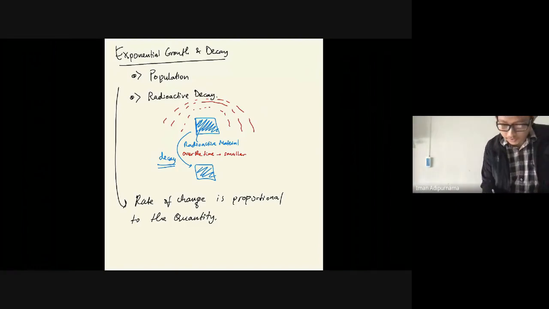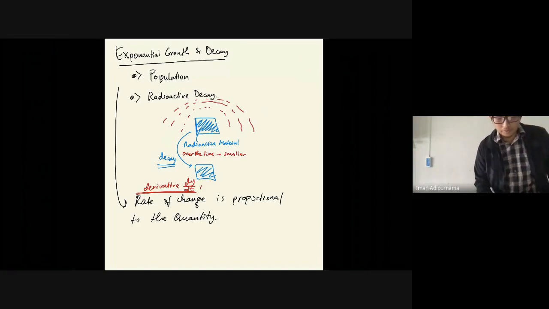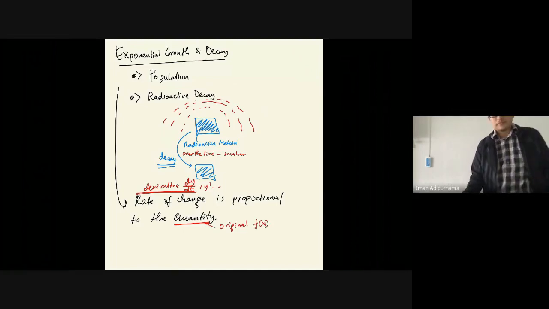The rate of change, as we learn in calculus, is the derivative, or dy/dt, or any symbols like y prime, etc. And the quantity is our function.